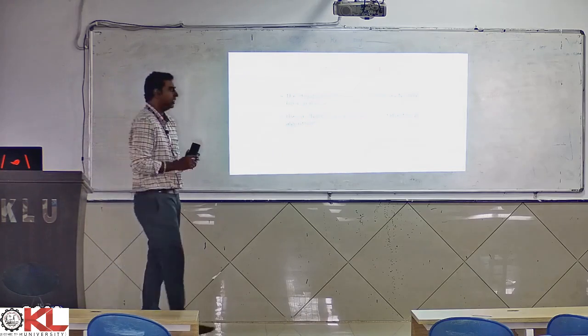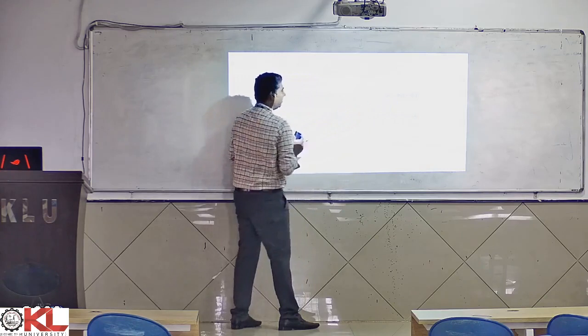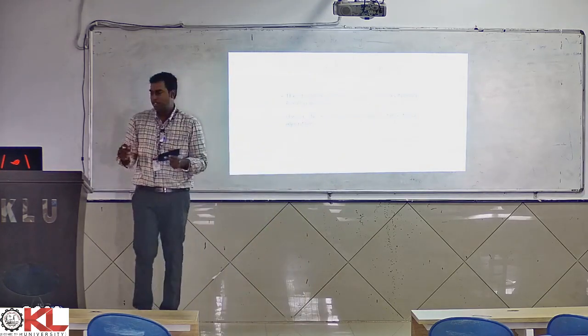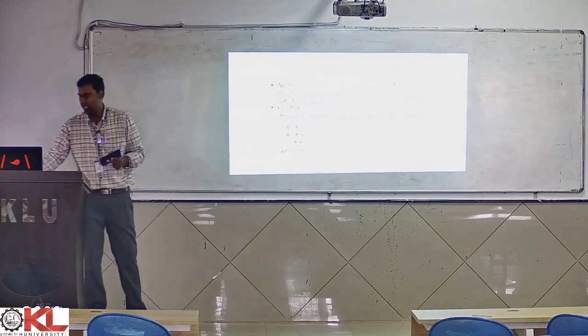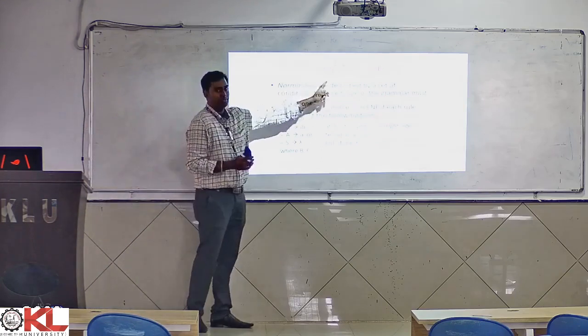We will see what Chomsky normal form is, and the algorithm also uses dynamic programming, or a table-filling algorithm. This is the basic concept of the CYK algorithm. Now we will see what Chomsky normal form is.